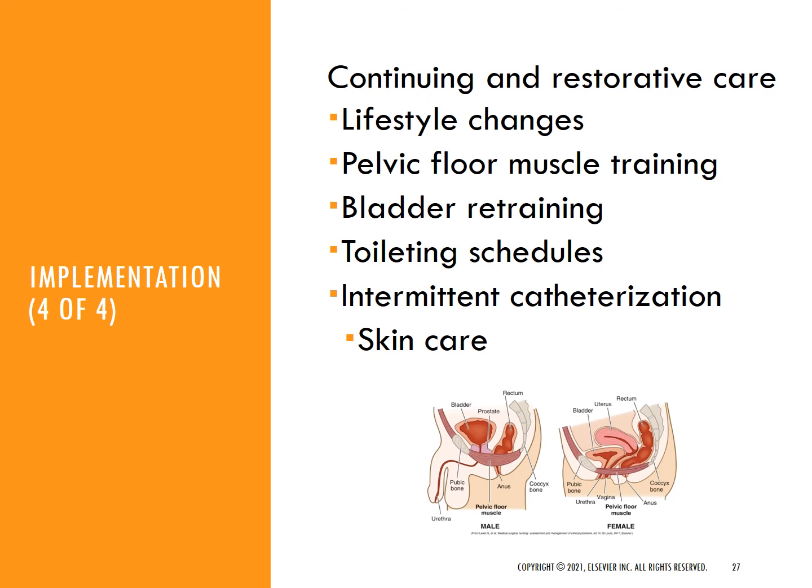You may have clients with intermittent catheterization. This can be for different reasons, but this is different than an indwelling Foley urinary catheter. For these clients, they have to have a catheter tubing to void their bladder of urine. And the tubing doesn't stay in, it's only there temporarily long enough to empty the bladder.